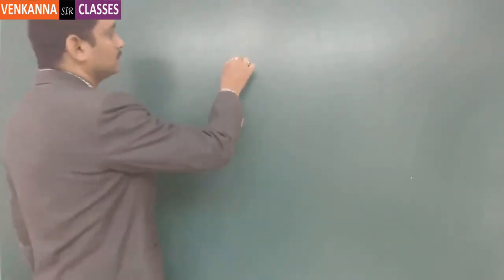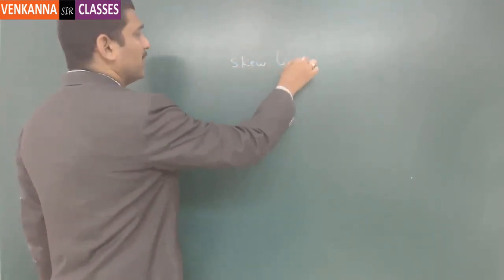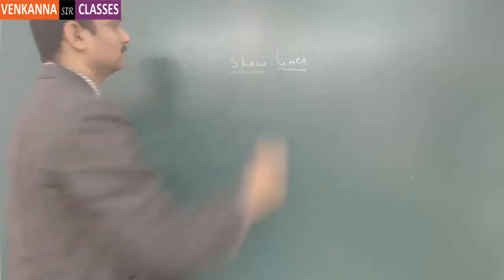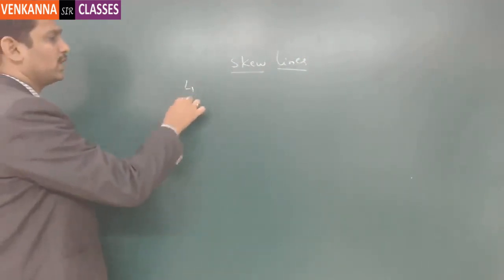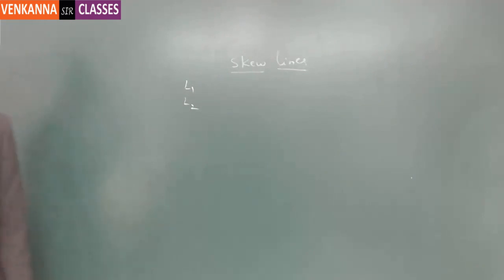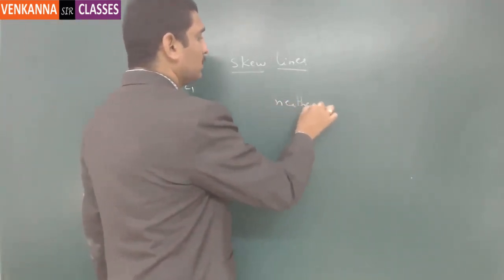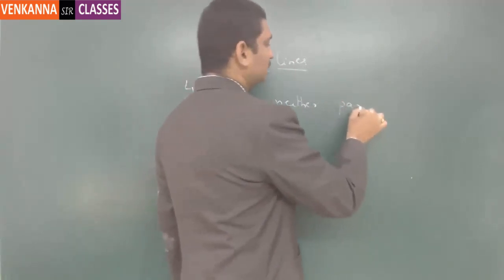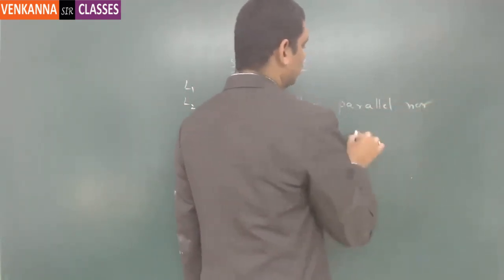Now we are going to take the concept of skew lines. So skew lines are nothing but, if you take two lines L1 and L2, they must be neither parallel nor intersecting.